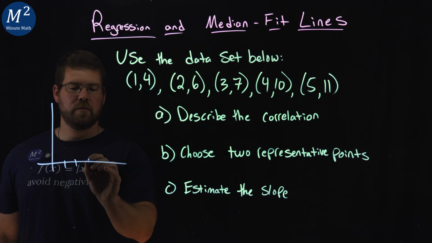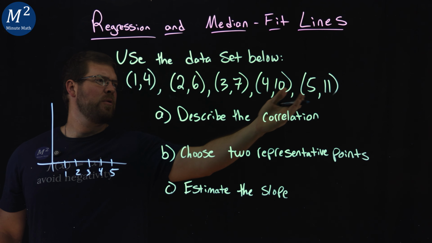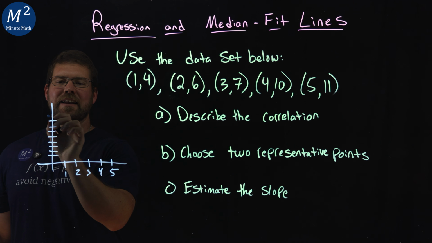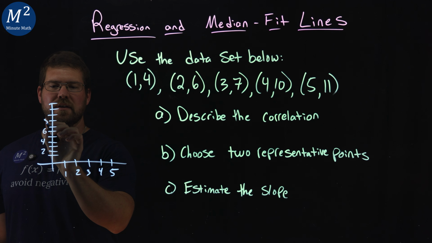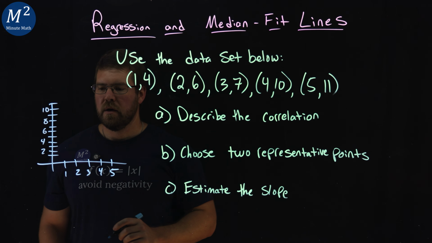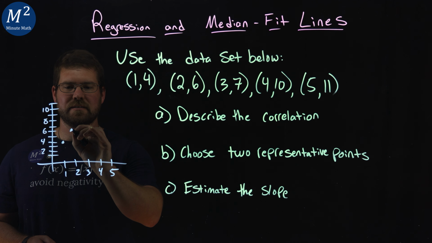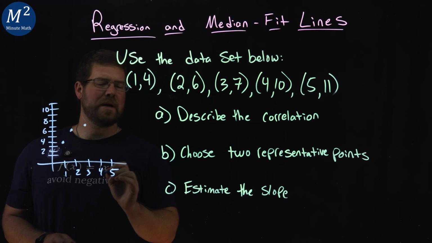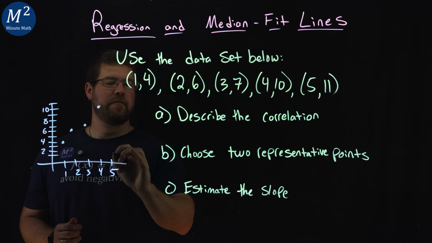So we have 1, 2, 3, 4, 5, and we're going up to like 11, so let's go 2, 4, 6, 8, 10, like this. So our points are (1, 4), (2, 6), (3, 7), (4, 10), and (5, 11). There's a quick sketch visual here.